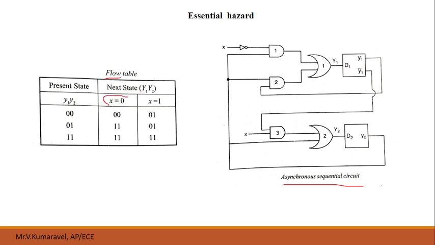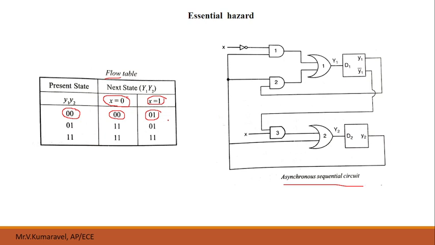What happens to my next state when x equal to 0 and x equal to 1? For example, if I consider my present state is 0, 0, when x equal to 0, my next state is 0, 0 itself, but when x equal to 1, my next state is 0, 1.